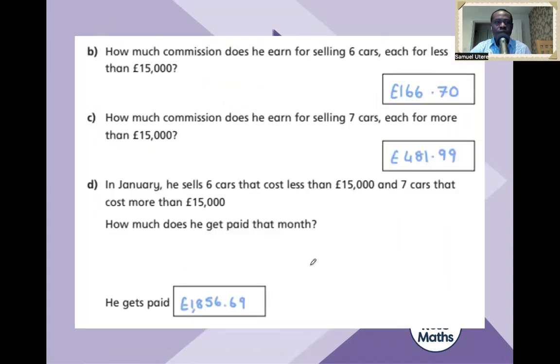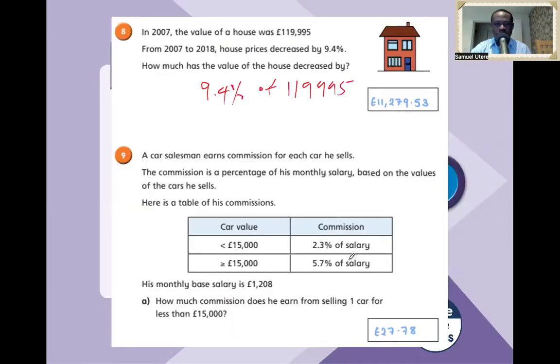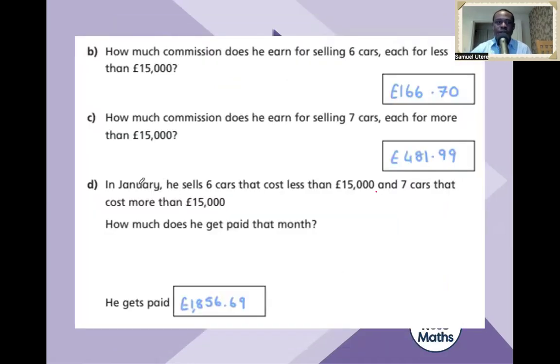Okay. Next, how much commission does he earn for selling 7 cars each for more than this amount? So for this one, you have to go to your commission table. The commission is 5.7% of 1208. So you do 5.7% of 1208 pounds.